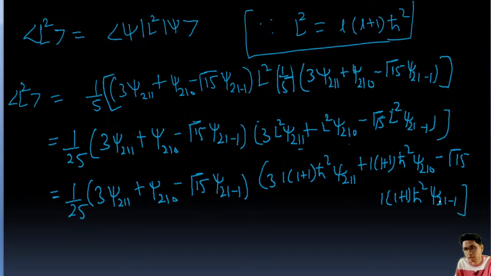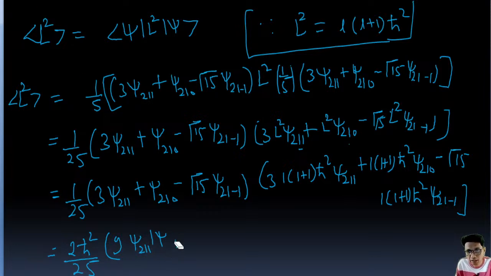Okay, so now we'll solve it. This is going to be 1 into 1 plus 1, that is 2, so 2 h cut square in each term. So we can take this common, and it is going to be 2 h cut square upon 25. Okay, and we'll operate it: 3 times 3 is 9, and psi 211 with psi 211 gives 1, so I'm going to write it directly.